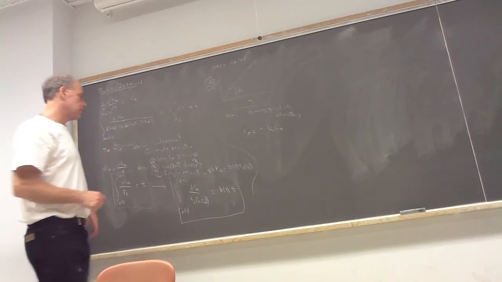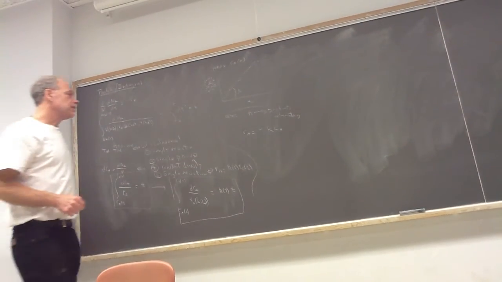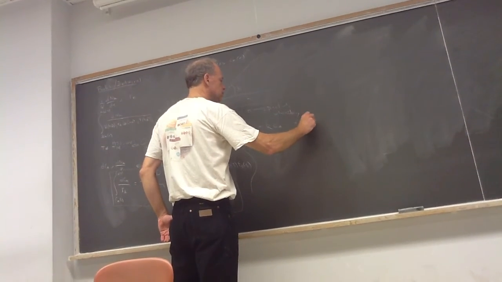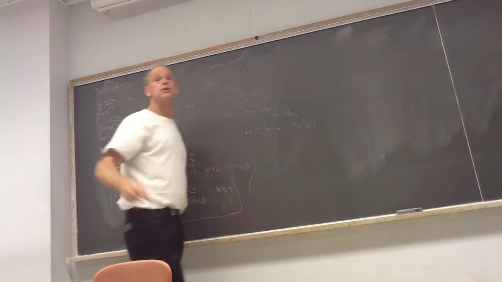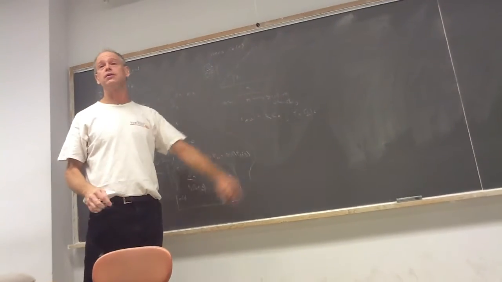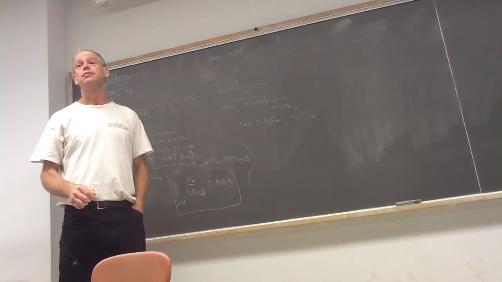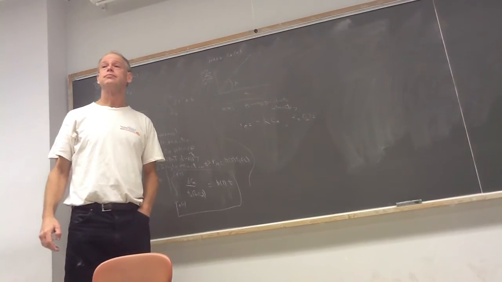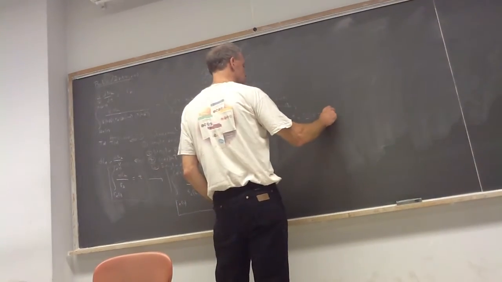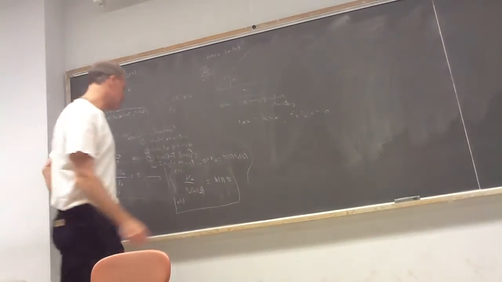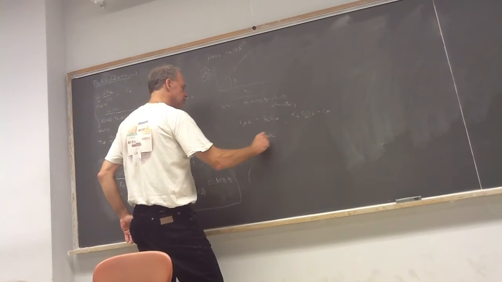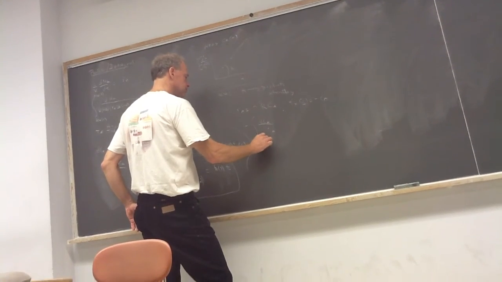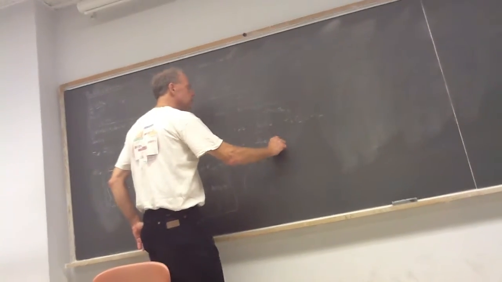Okay, so let's plug in. So what is f2 of C here? Minus CA. Okay, so now I have dCA over minus CA, from CA of 0 to CA of T. What is that integral?